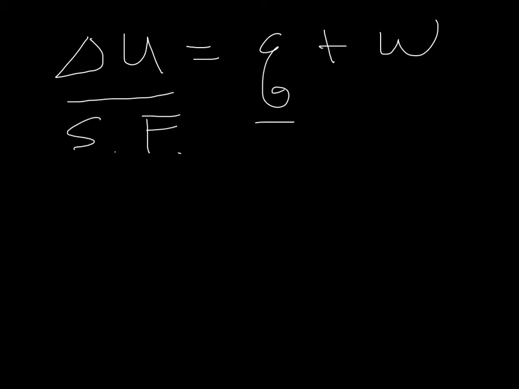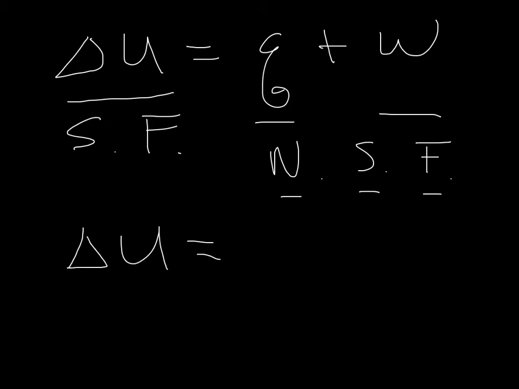Yet it is determined in terms of two functions which are not state functions. Neither heat nor work are state functions. So we've got a state function defined in terms of two things which are not. We take care of one of these problems when we replace W with minus P delta V.